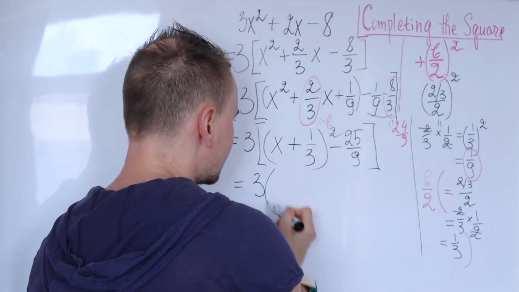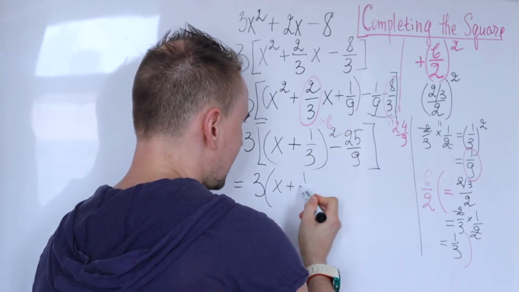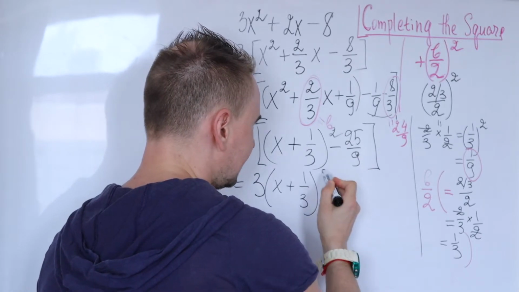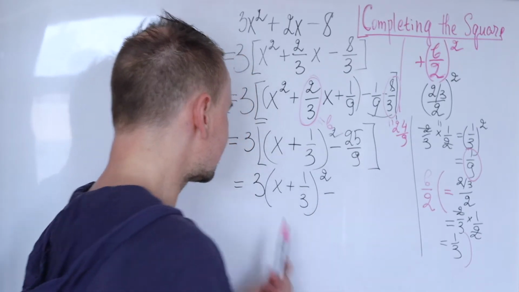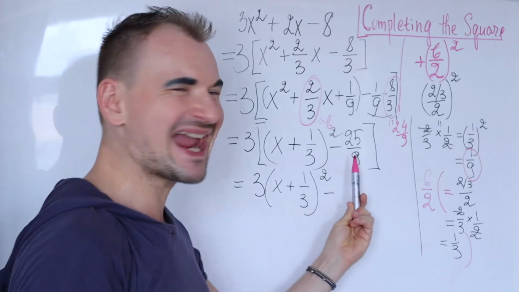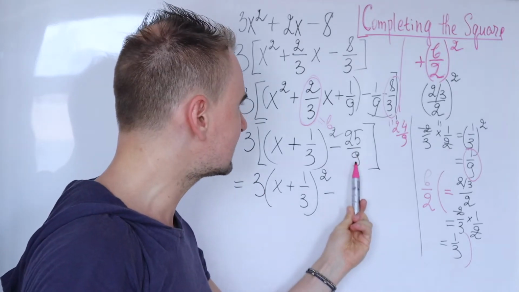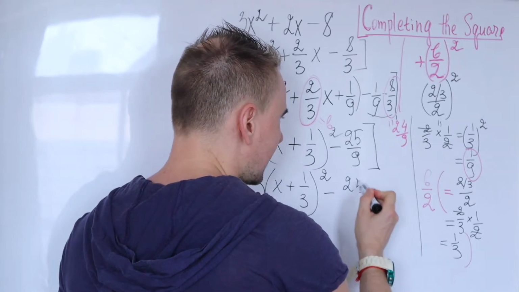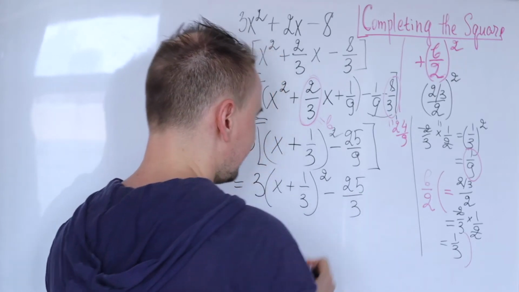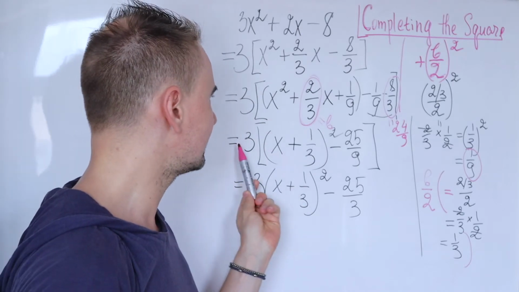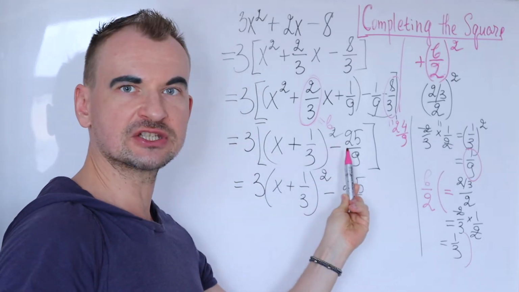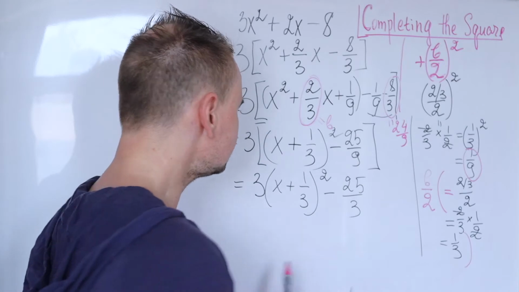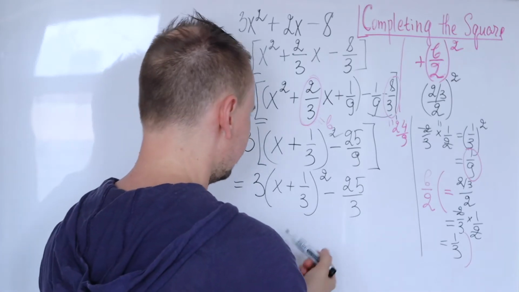So it becomes just x plus a third squared minus, and 3 gets multiplied by this fraction. So it simply becomes 25 over 3. When you multiply a number by a fraction, you could do it off to the side if you like.